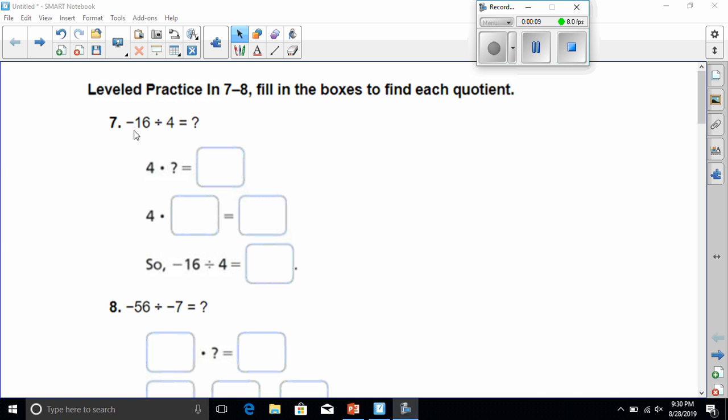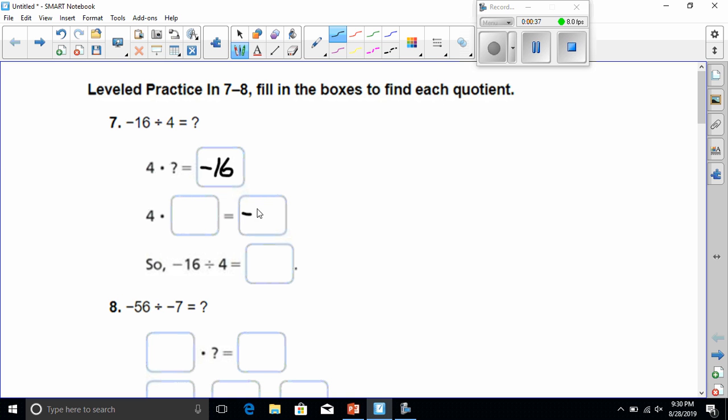Number 7 says negative 16 divided by 4. So this is 4 times some number will equal, well, that's pretty easy, negative 16. Next it says 4 times some number equals, well, this pretty much fills in the same thing, right?